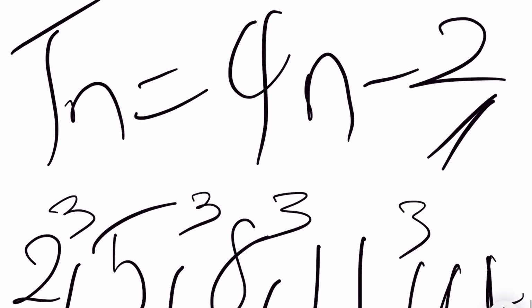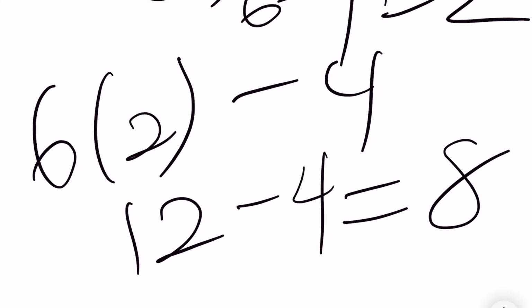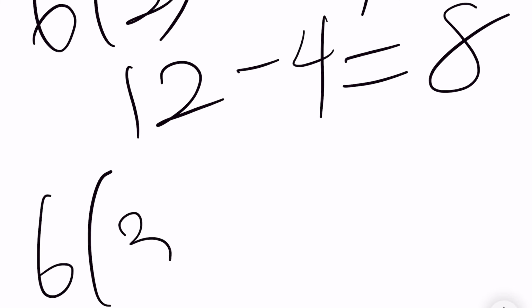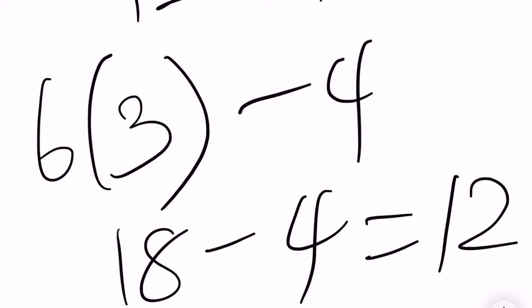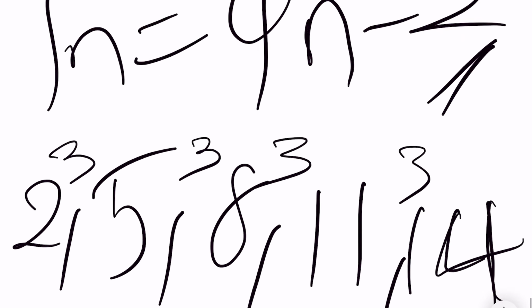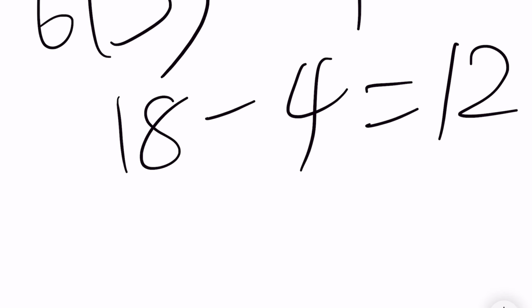When n is 3, 6 into 3 minus 4. This is 18 minus 4. We have it to be 12. And here we have 11, which means we cannot use 6n minus 4.